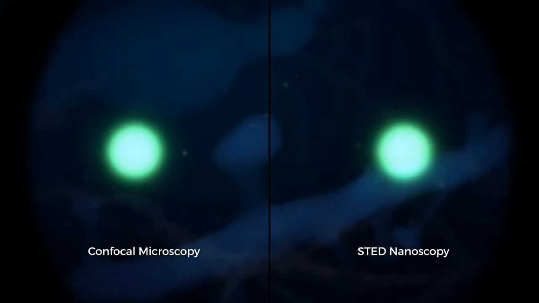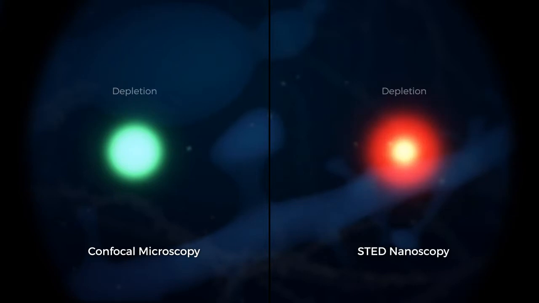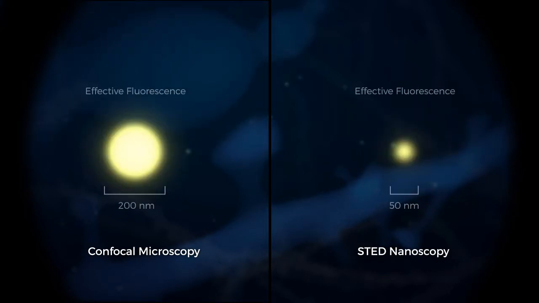In STED nanoscopy, the excitation beam is overlaid with a donut-shaped depletion beam to deactivate the surrounding fluorophores. As a result, images can be generated from emission spots smaller than 200 nanometers, which allows the nanoscale objects to be resolved.